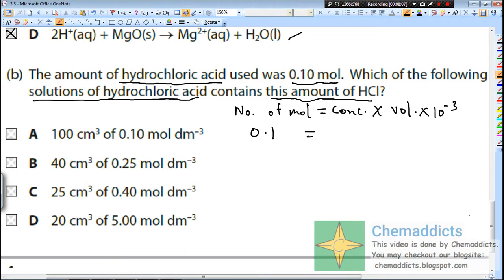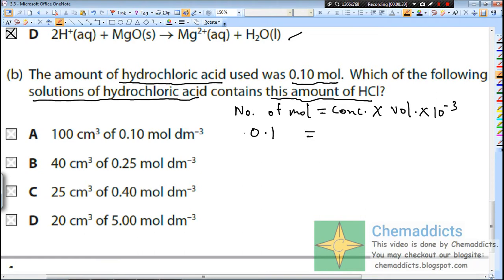Do we know the volume? Let's see. The amount of hydrochloric acid used was 0.1 mole. Which of the following solutions of hydrochloric acid contains this amount of mole?